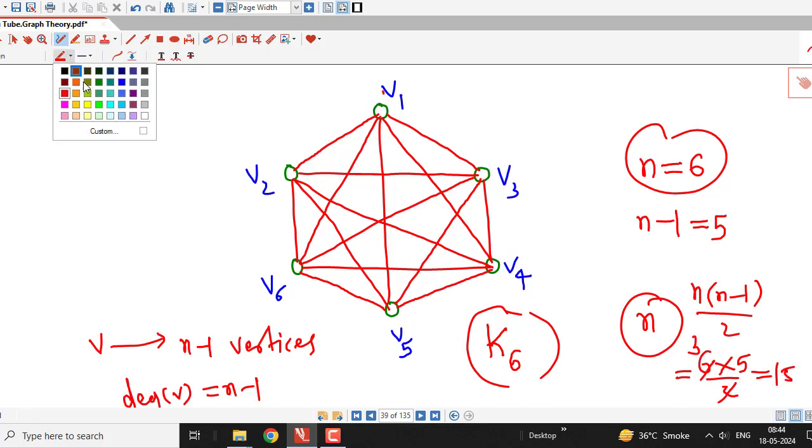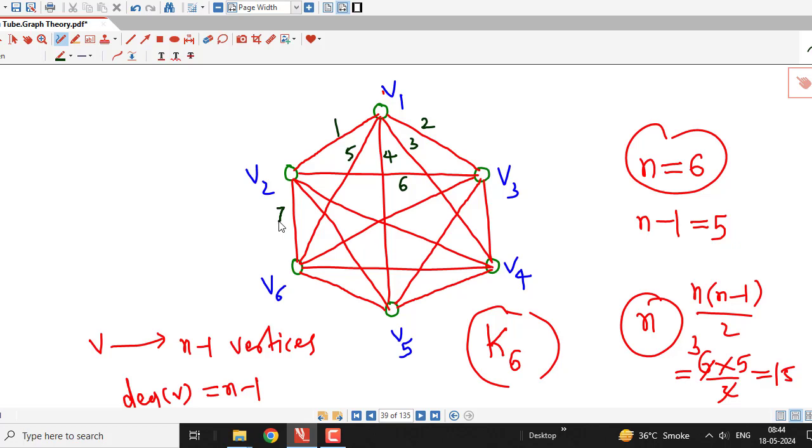So there must be 15 edges here, that we can check. 1, 2, 3, 4, 5, 6, then 7, 8, 9, 10, 11, 12, 13, 14 and 15.